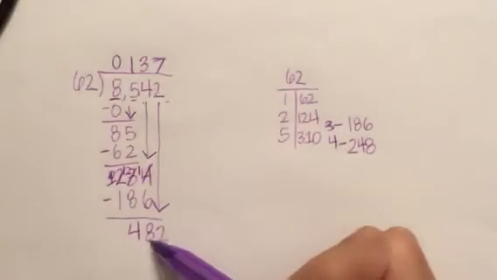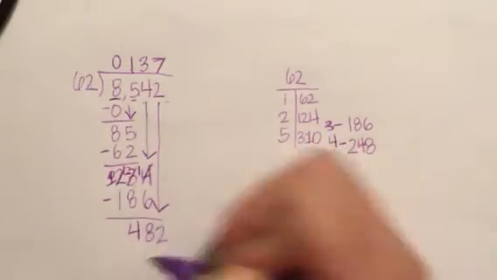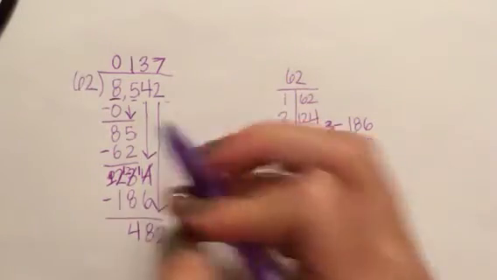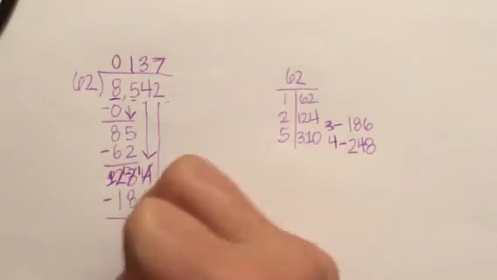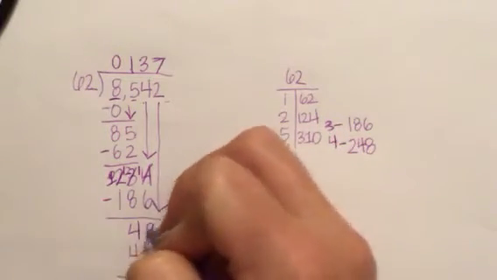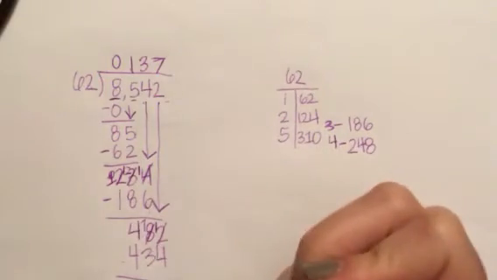So if I have 482 ones, I can put 7 in each group. And what that will use, again, is 434. And when I subtract, 12 minus 4 is 8.